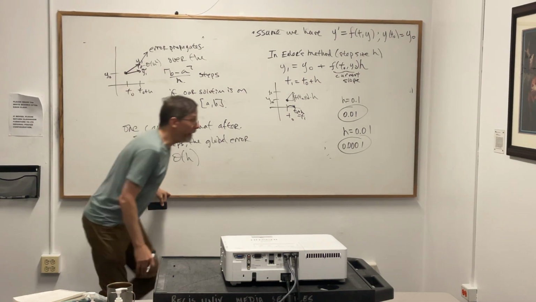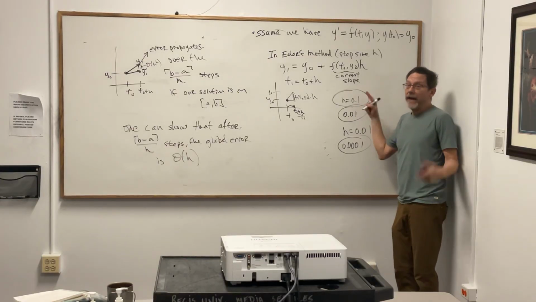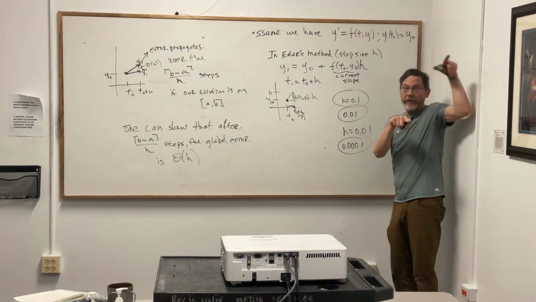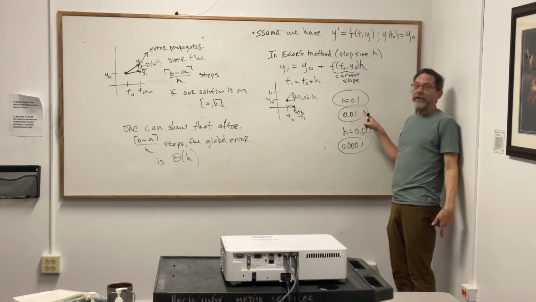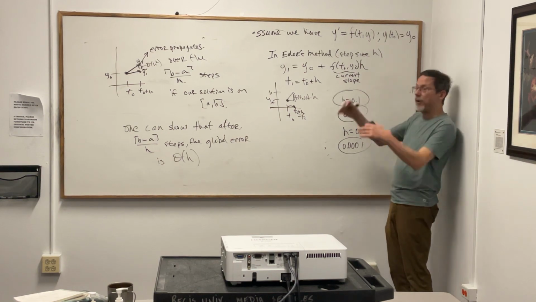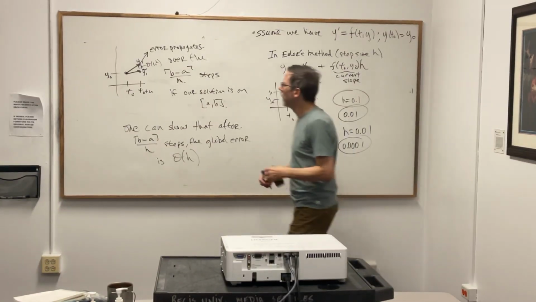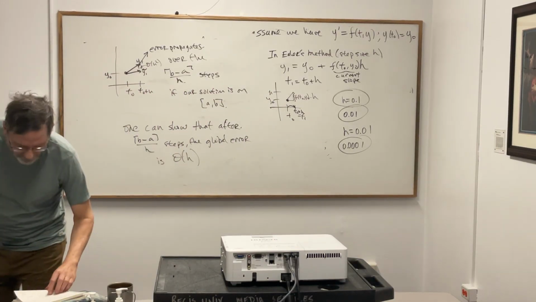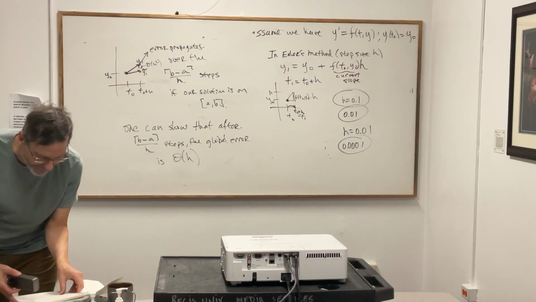So what does that mean? That means that if my step size was this, that final estimate at the end has that as the error. Each step had this as the error, but then the propagation just pulls you back down. So it is an order h technique.